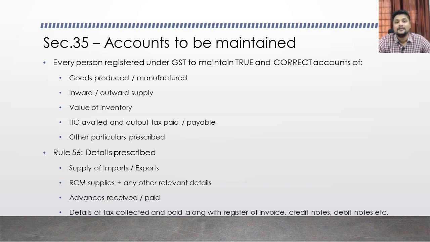That means supply on which tax is to be paid on an RCM basis, reverse charge mechanism basis. Any other relevant details or documents prescribed under the RCM mechanism also have to be maintained by the taxpayer.